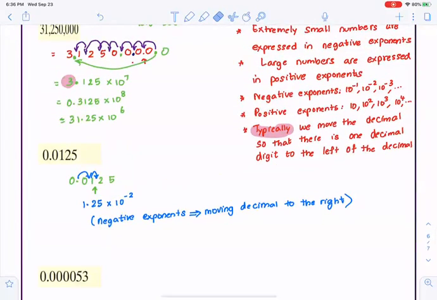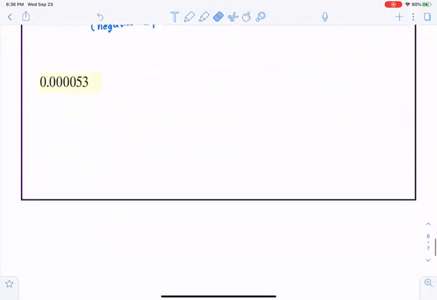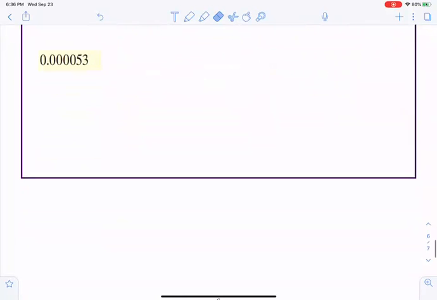And in the previous problem, positive exponents, we move the decimal to the left. So here is an example, which is 0.000053, and I want to write it as 5.3 multiplied by 10 raised something, and that is our objective.